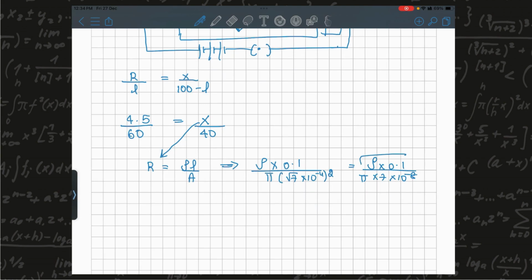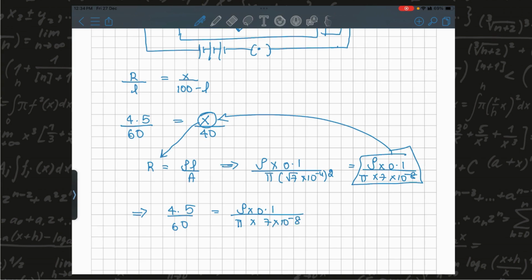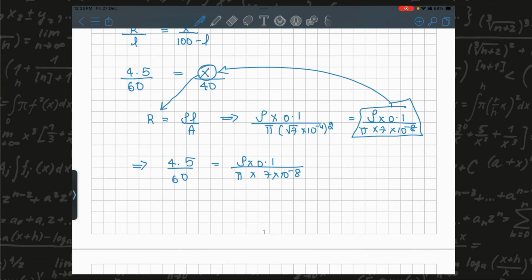Substituting this over here, we get 4.5 divided by 60 is equal to rho into 0.1 divided by pi into 7 into 10 to the power minus 8. So solving this one, we get rho is equal to 66.67 into 10 to the power minus 7 ohm meter.